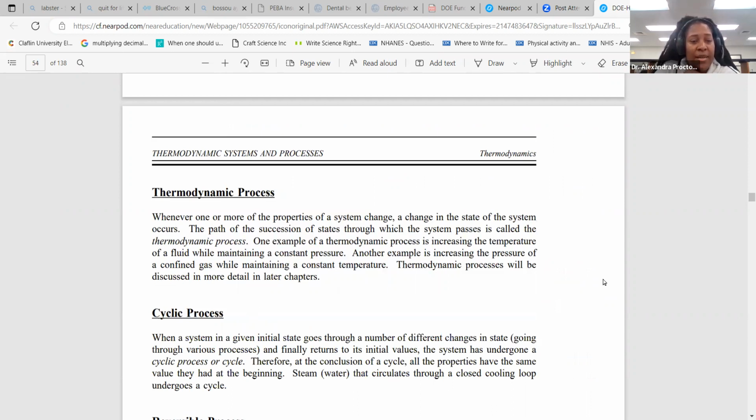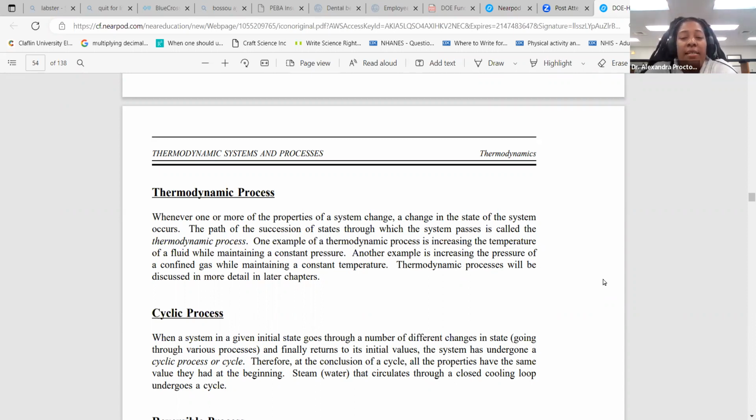A thermodynamic process: whenever one or more properties of a system change, a change in the state of the system occurs. The path of succession of states through which the system passes is called a thermodynamic process. One process is increasing temperature of a fluid while maintaining constant pressure.